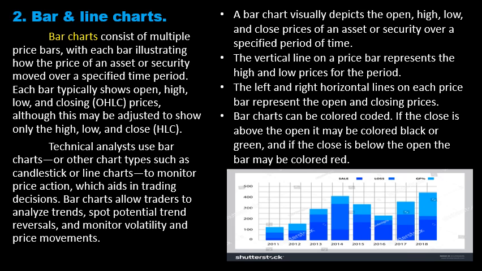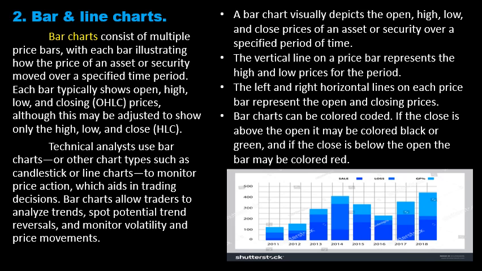The vertical line on a price bar represents the high and low prices of the particular day. The left and right horizontal lines on each price bar represent the open and closing prices. That is another category of bar chart, with the left-hand side open price and right-hand side closing price, which is not there in this particular diagram.